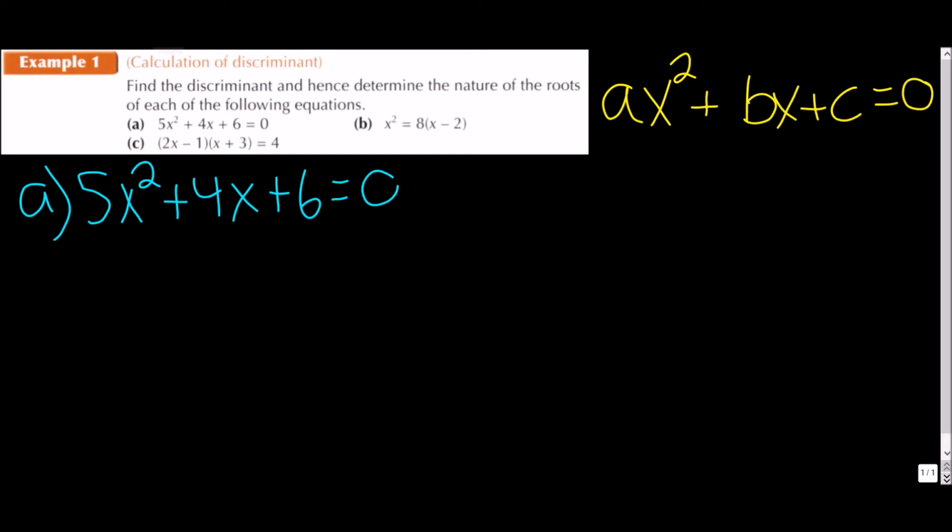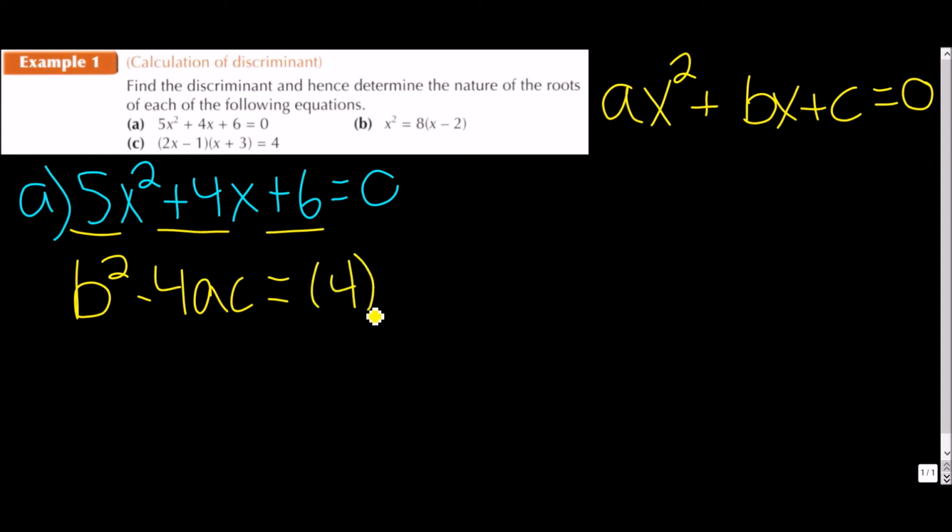So we've got our A, our B, and our C. To find the discriminant, b squared minus 4ac is going to be the same thing as 4 squared minus 4 times 5 times 6.